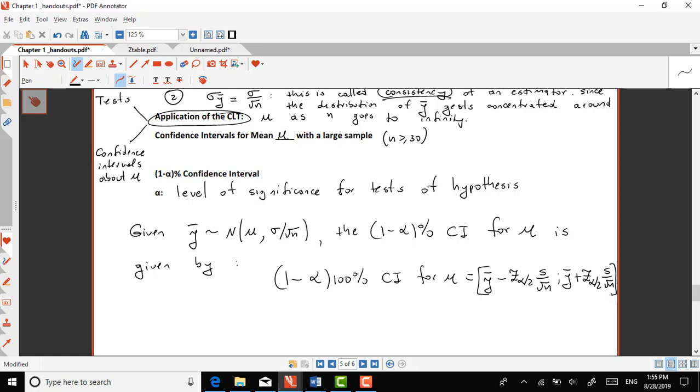Okay, but the bottom line here is that this formula for the confidence interval is based on the normality of the sampling distribution of our sample mean. Without that, this formula wouldn't be valid. Because if you think about it, this formula is symmetric.